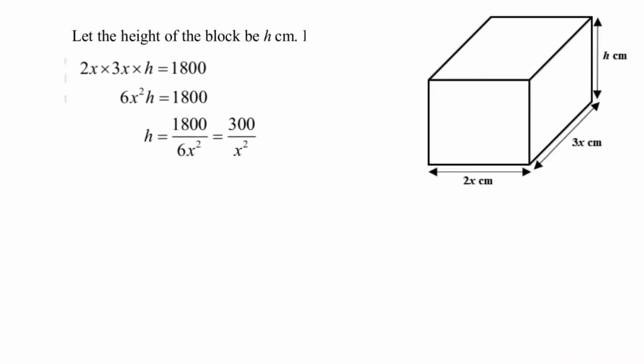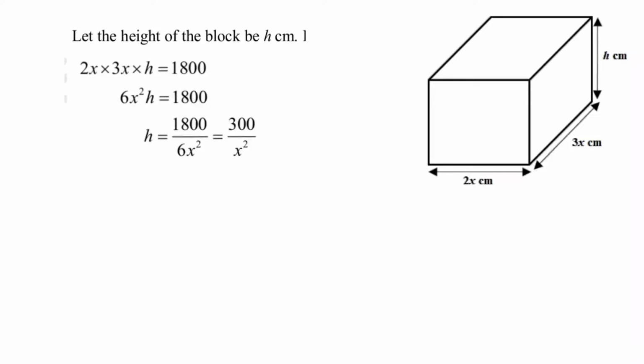So to find the volume of the block, 2x times 3x times h equals 1800, and then we rearrange, and we get h in terms of x, which is h equals 300 over x².